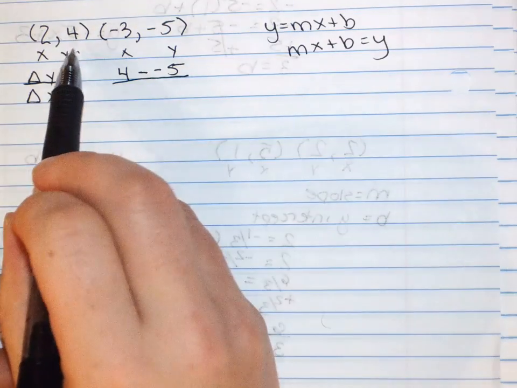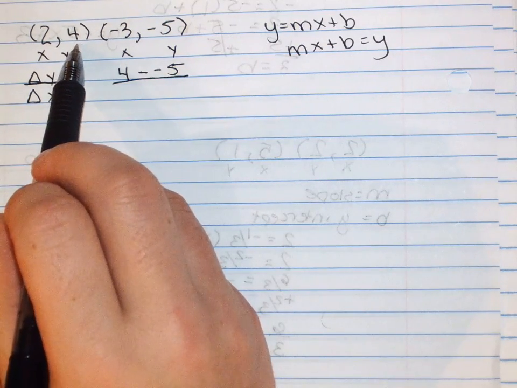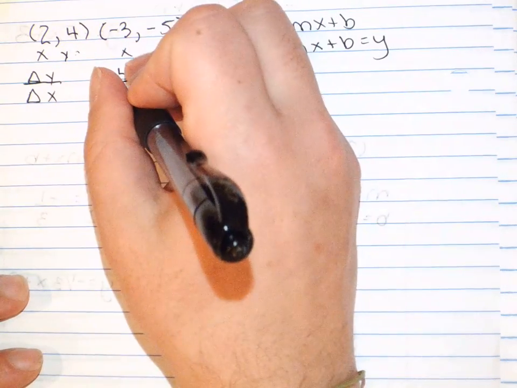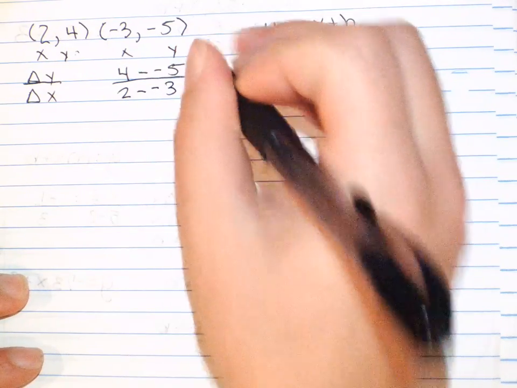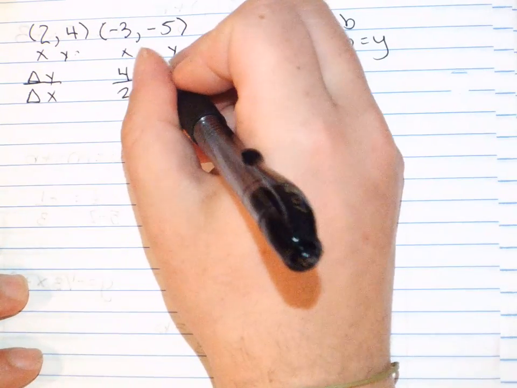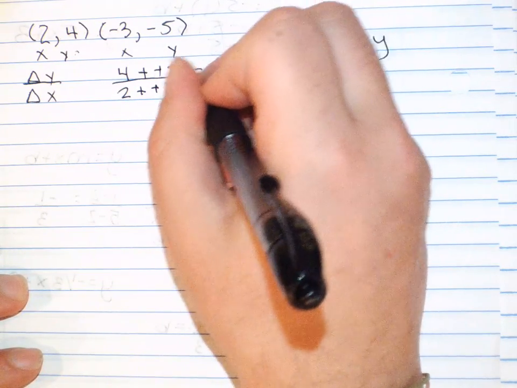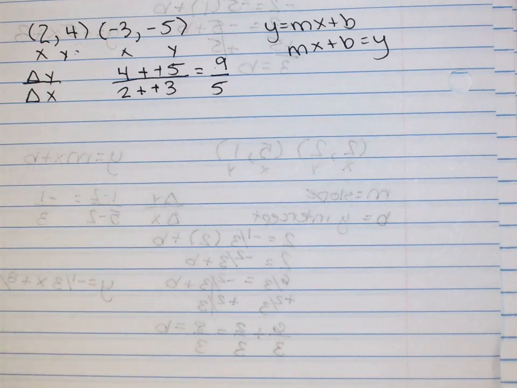Notice this time I use these points first, and I can do that. I can use this y first as long as I also use this x first. So 4 minus negative 5 and 2 minus negative 3. So double negatives turn into positives. So this is 4 plus 5, which is 9, and 2 plus 3, which is 5. So I have a slope of 9/5.